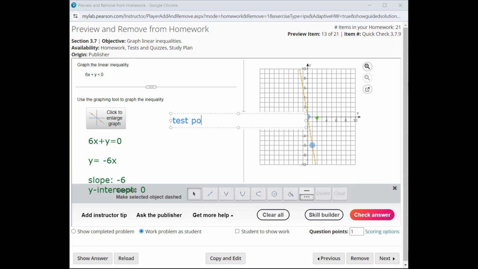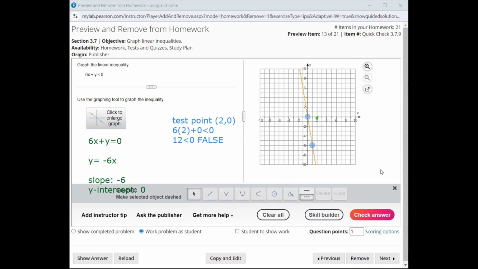Test point, x is 2, y is 0. So we have 6 times 2 plus 0 less than 0. So 12 is less than 0. Is this a true statement? No. Therefore, we should shade the half plane that does not include this point, which is the left half plane.